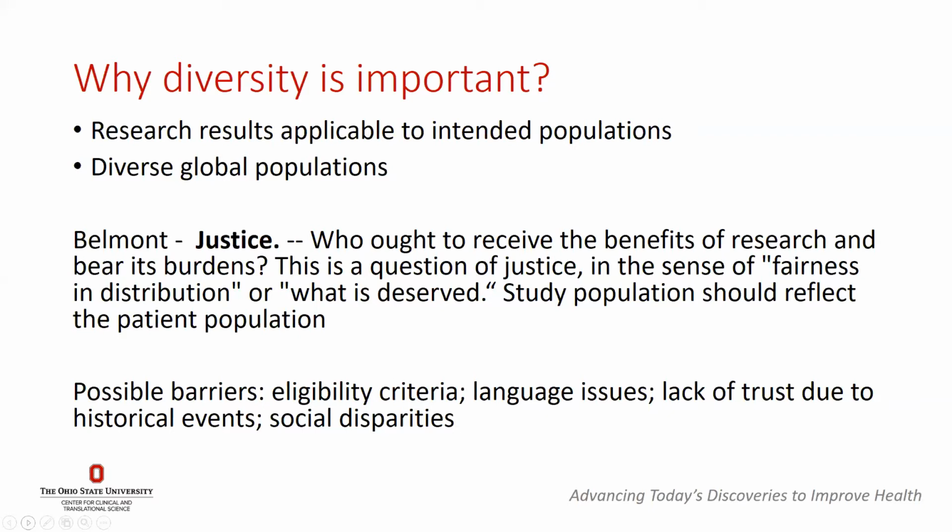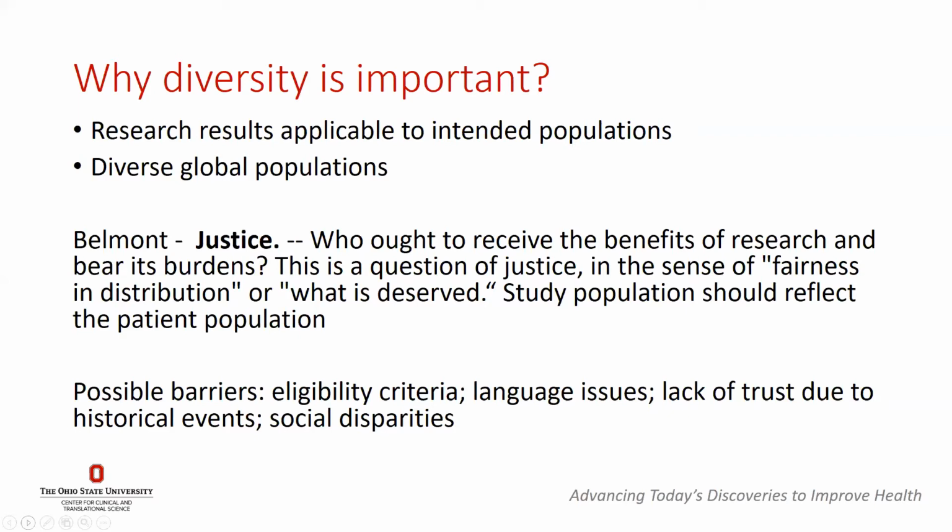Along those lines, make sure that you're fairly distributing the risks across populations so that one side is not bearing all the burdens but none of the benefits. Possible barriers that we encounter are the eligibility requirements and language issues. Do we have consents and study assessments in their native language? There's a lack of trust due to historical events.